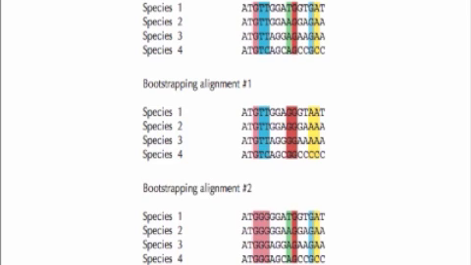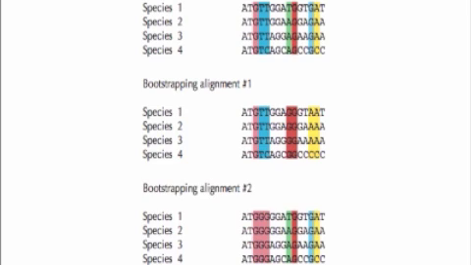One way to test for this is something called bootstrapping, which is mentioned in most phylogenetic papers. In essence, you're taking your sequence alignment and resampling it, generating a new alignment where some of your alignment columns are represented twice, and some are not represented at all. You redo trees with the new sequence alignments.